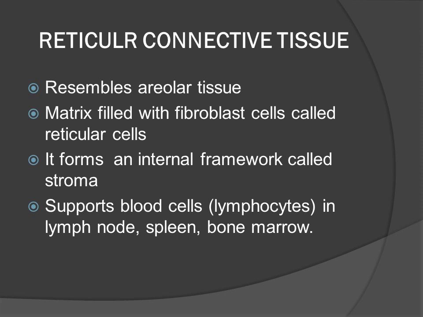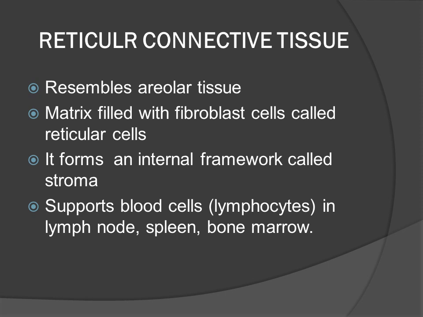Here in the reticular connective tissue, the cells are known as reticular cells. That's all. Then it forms an internal framework called stroma. So this connective tissue is forming one internal framework, right? That's why this framework is known as a stroma.